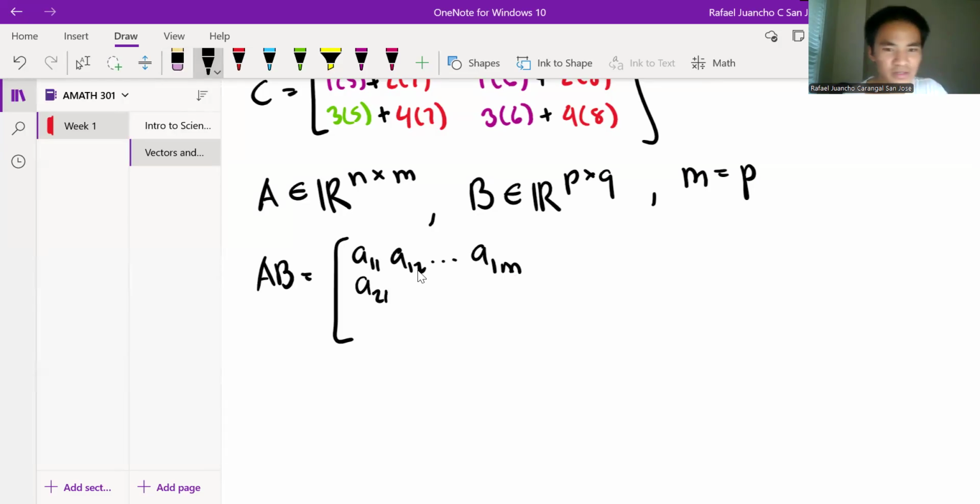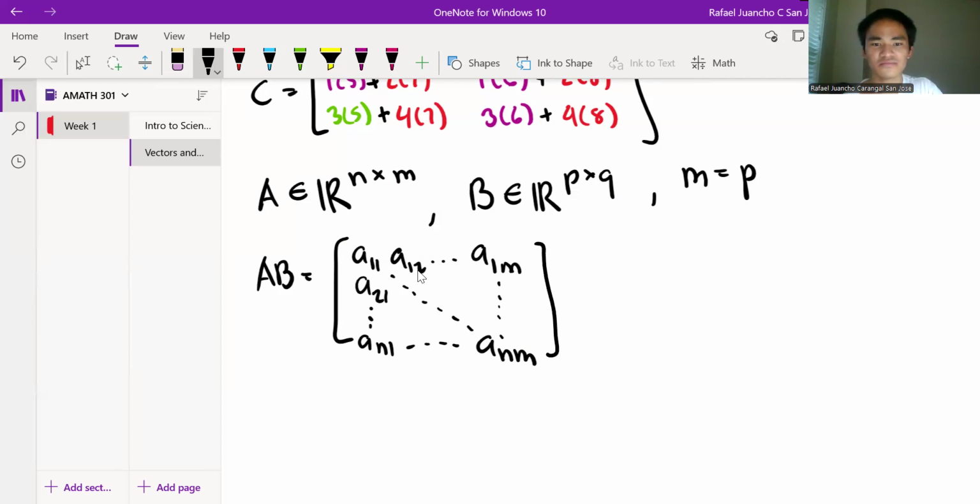A21. And if we continue down here, we're going to reach AN1. We're still in the first column, but we're in the nth row. And then we can continue, and we're going to reach NM. So that's our A matrix, and we're multiplying it to B.